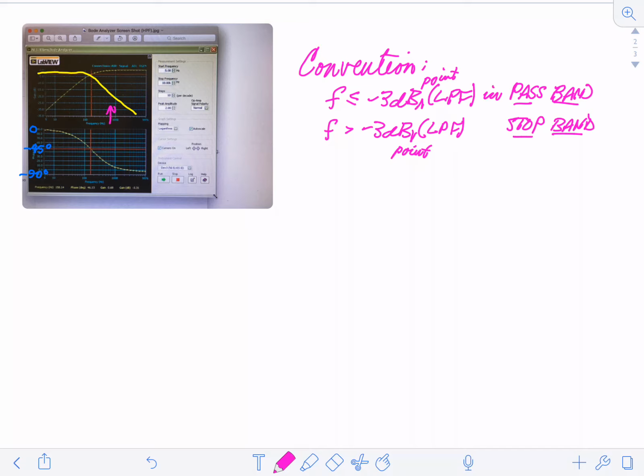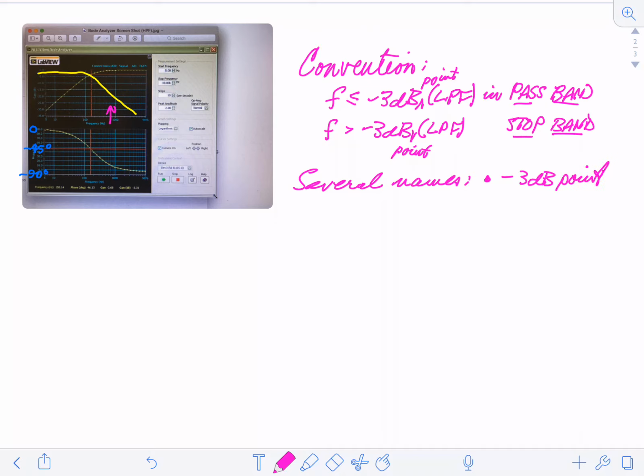And so this is just a convention, but there's some rationale behind it. Basically, the 3 dB point has several names. It's obviously called the 3 dB point, or the minus 3 dB point.